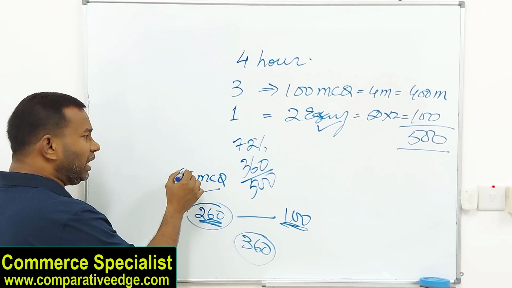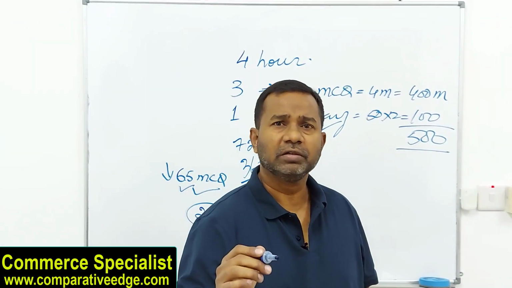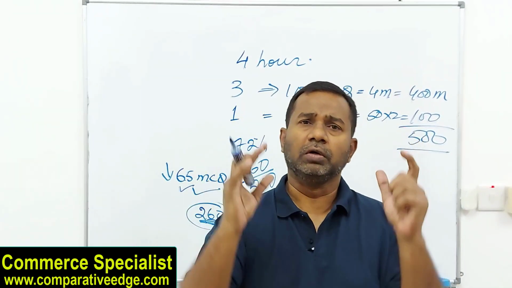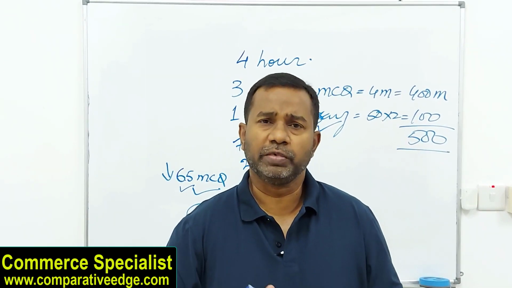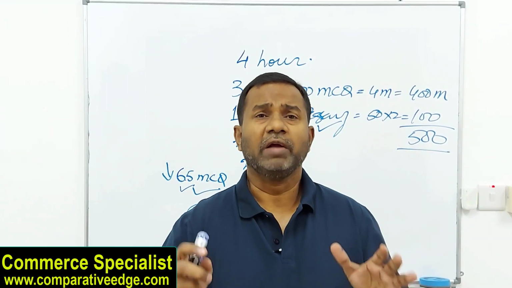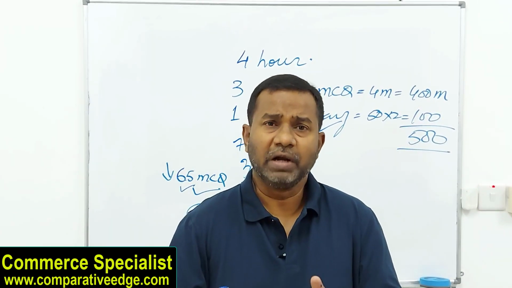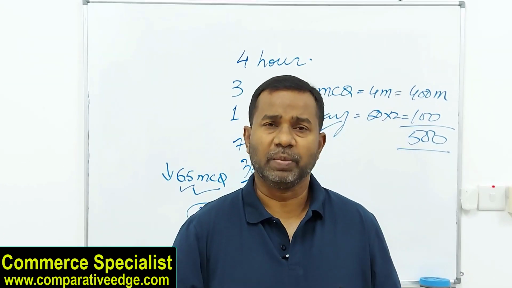But if you get fewer than 65 MCQs correct, even with 100% marks in the essay questions, you still don't get 72%. So essay questions are important, but MCQs are equally important. You need to prepare well.